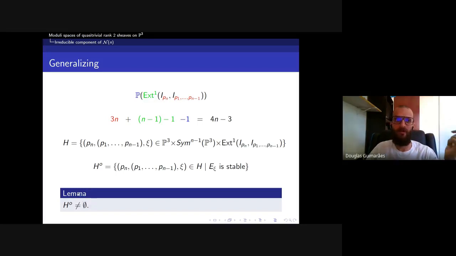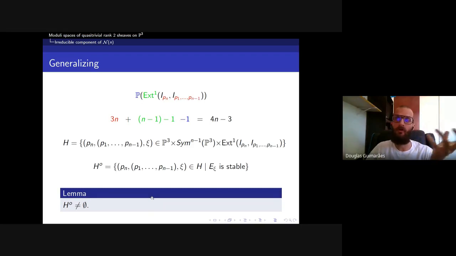Of course, I'm not proving the lemma, but we give an explicit construction for every n, odd or even, of a stable sheaf inside this. And so this lemma ensures the existence of an irreducible component of our moduli space.